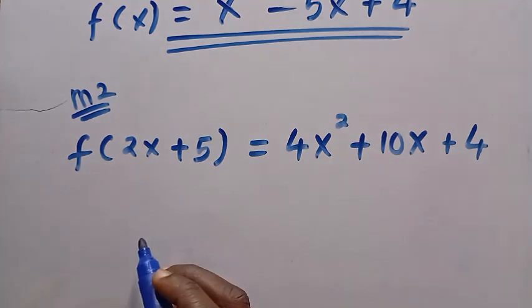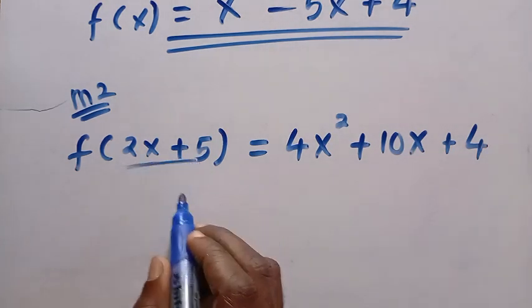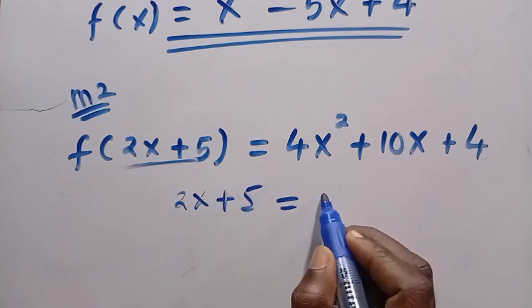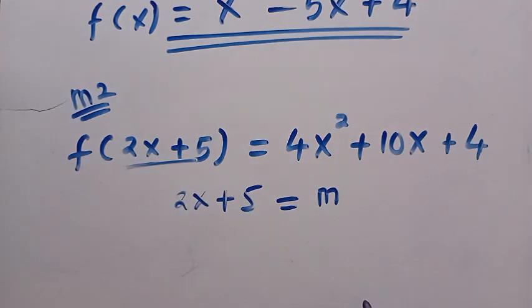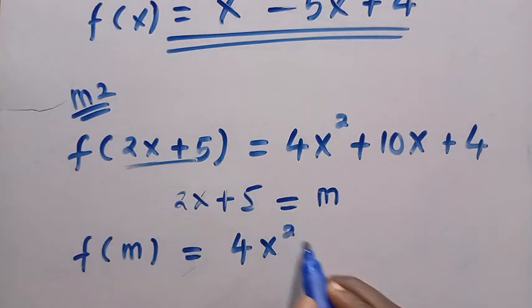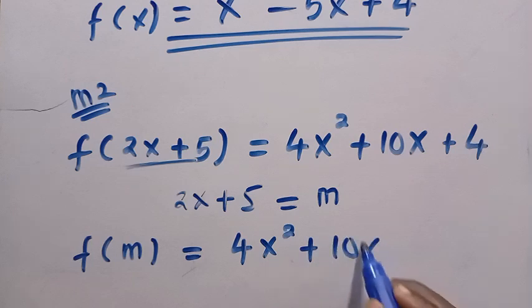Suppose I let everything here, which is 2x plus 5, equal m. So therefore, this becomes f of m equals 4x squared plus 10x plus 4.